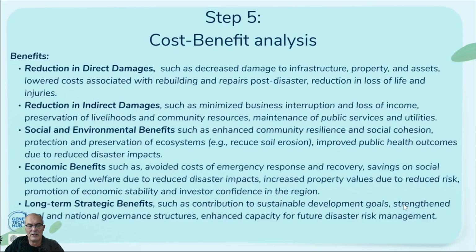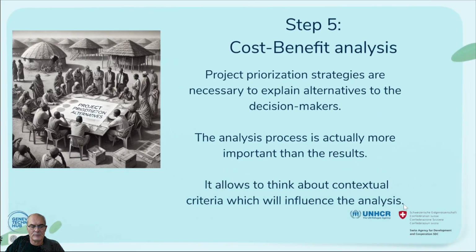Those are all benefits that have to be considered as well, but like I told you, this chapter needs to be better developed. Whatever you decide, you need to have several alternatives for the decision makers, and this process to choose the alternatives is really important, maybe even more than the selection of the mitigation strategies.